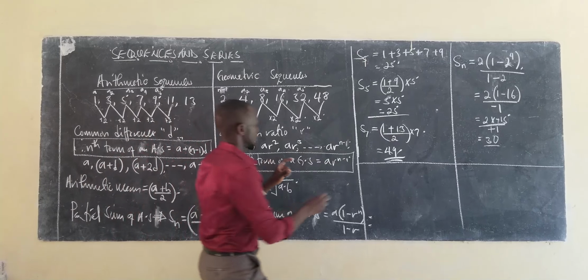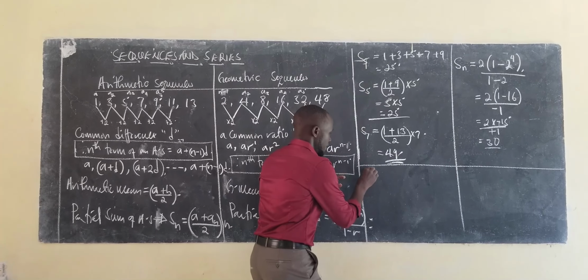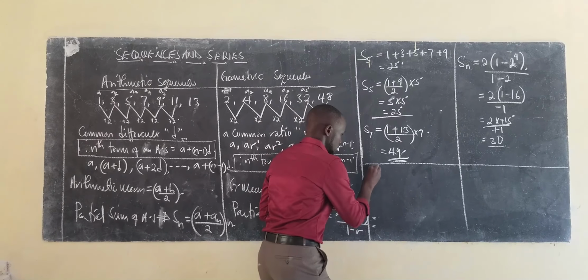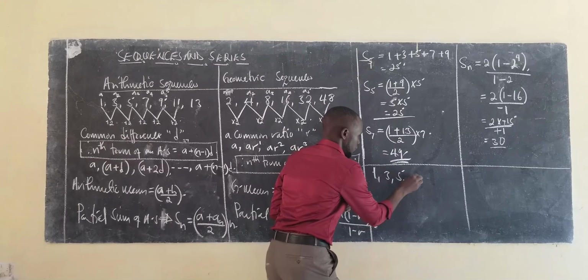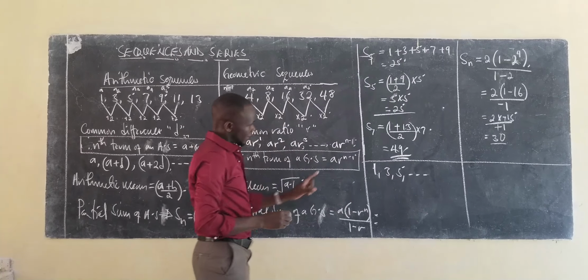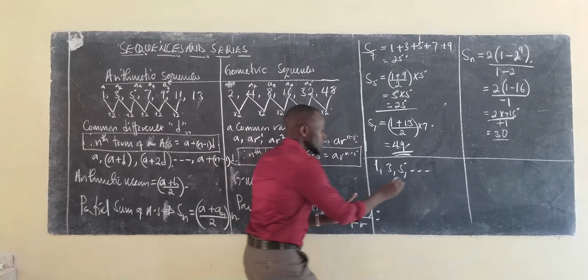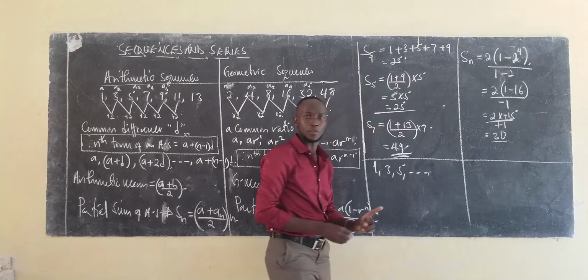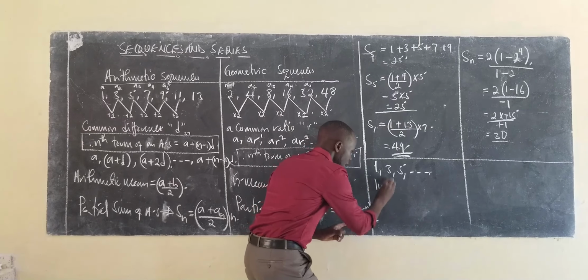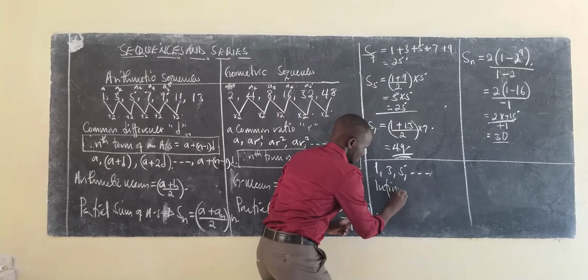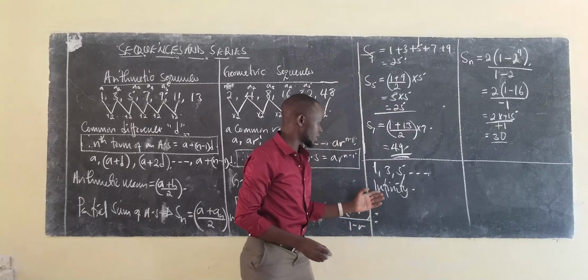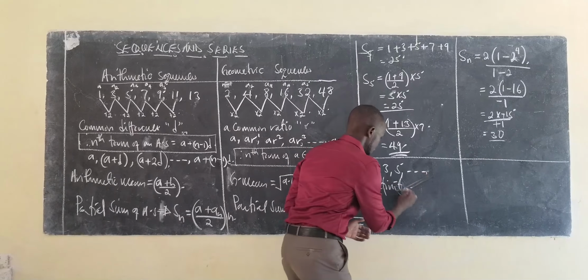Sometimes they may give you a sequence of this nature. Maybe the same 1, 3, 5. This sequence, where you don't have the nth term given to you, is called an infinite sequence because it adds up to infinity.